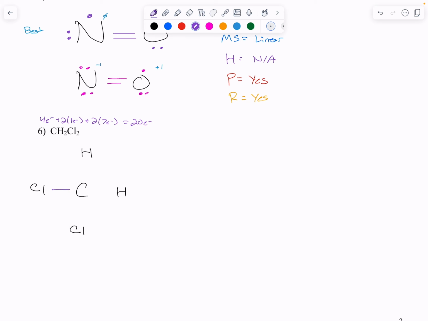It doesn't matter where you put the Cl's and the H's, because no matter what, you're not going to get them opposite sides of the molecule, because of how it works. 18 and 20. There's my 20 electrons. Perfect. Electron pair geometry is tetrahedral. The shape is also tetrahedral.